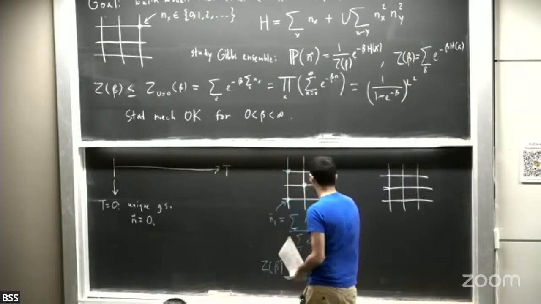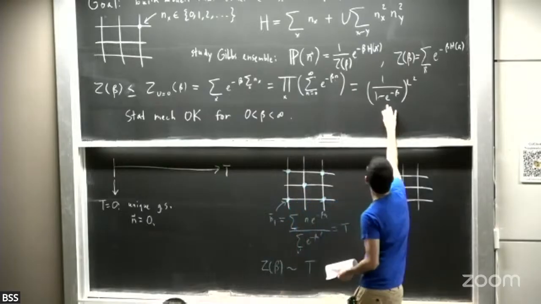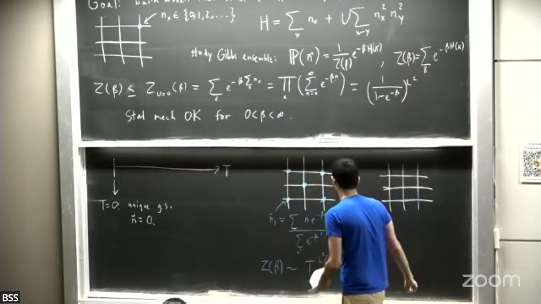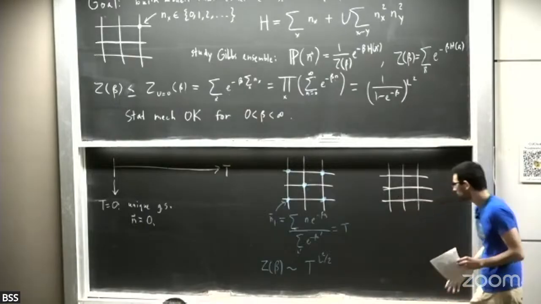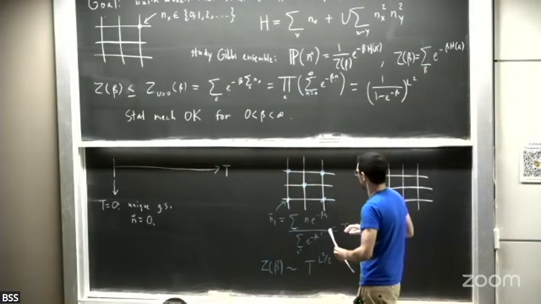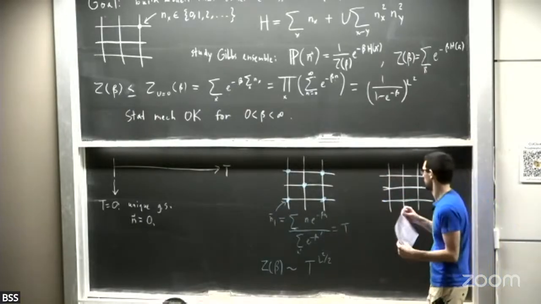So we can estimate that the partition function is basically going to be order T, that's this factor at small beta, to the L squared over 2. Okay. So this is the contribution to our partition function from the ordered phase, if you will.